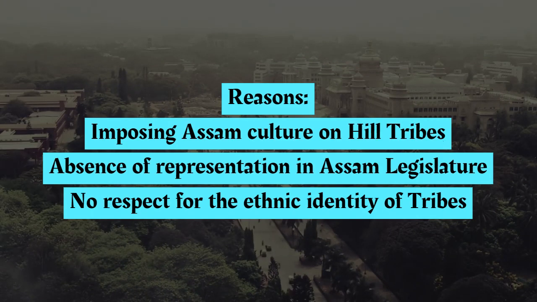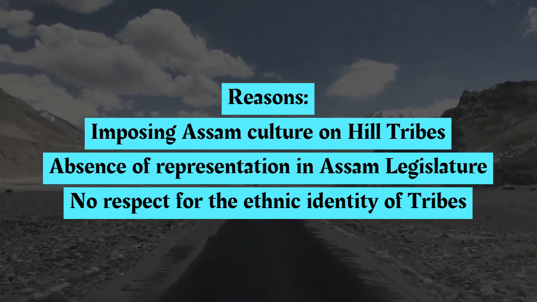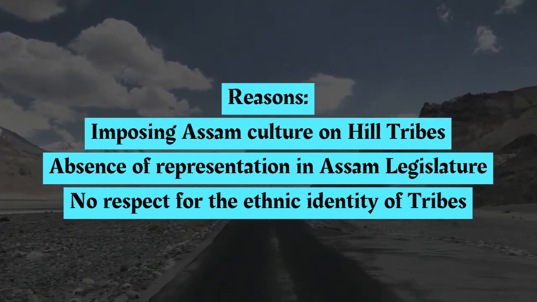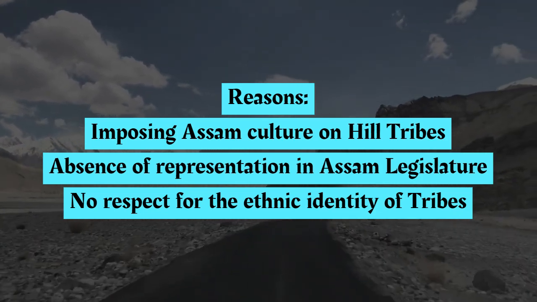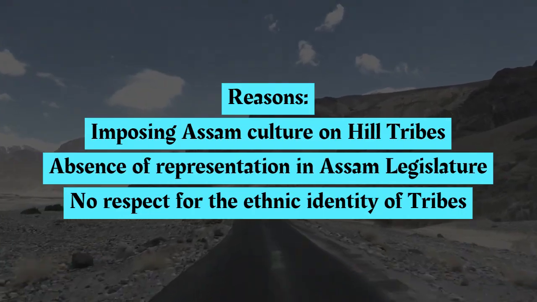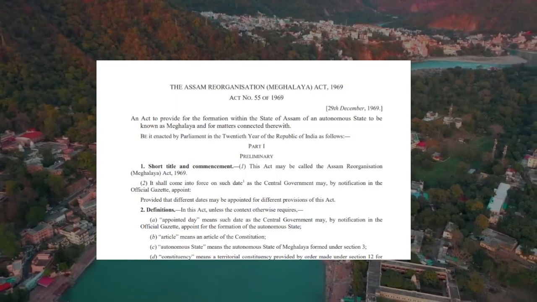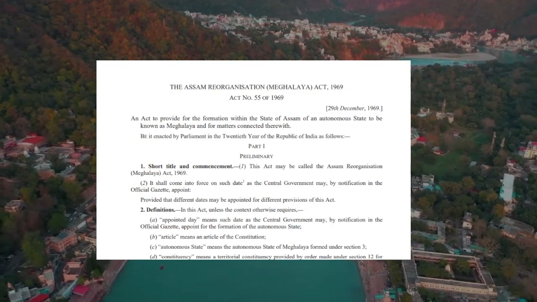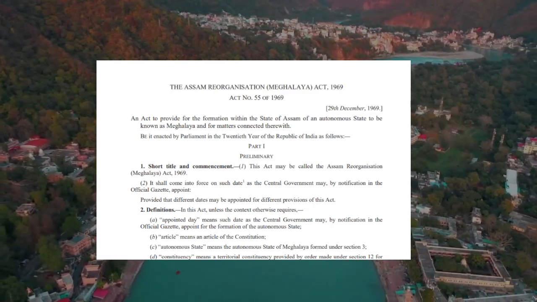The motivation for the demand included the imposition and dominance of Assamese culture and language on the hill tribes, lack of political representation in Assam legislature, and absence of respect for the culture of the hill tribes. After making several representations at the central level, the movement succeeded when Eastern Hill State secured statehood as Meghalaya in 1972.